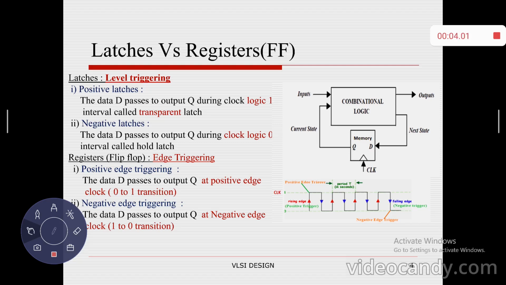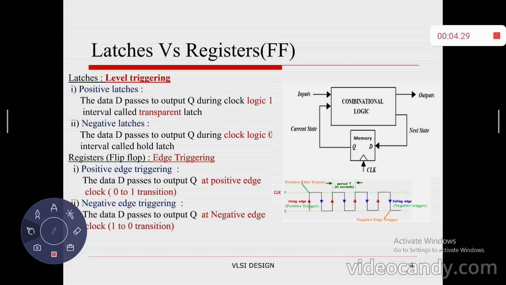The combinational logic circuit output is generated based on the external input signal and the feedback input. The information stored in the memory is called the state of the memory. So the output of a combinational logic circuit depends upon the external input signal as well as the feedback connection. Kindly look at the block diagram. That memory is under control of a clock signal.